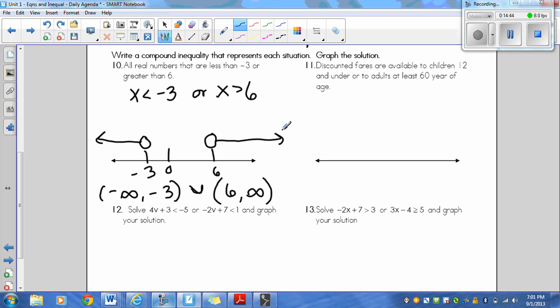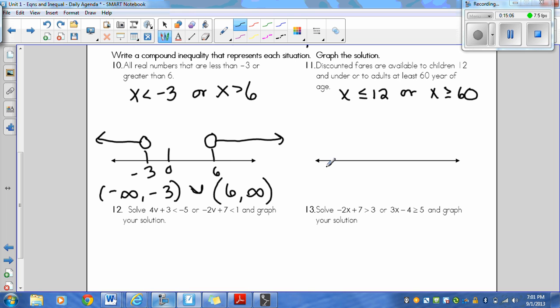Discounted fares are available to children 12 or under, 12 and under. Okay, so we're including 12, so x is less than or equal to 12. Or you can also get a discounted fare for an adult at least 60. So you could be 60, greater than or equal to 60.